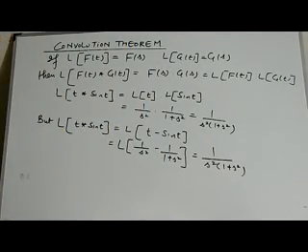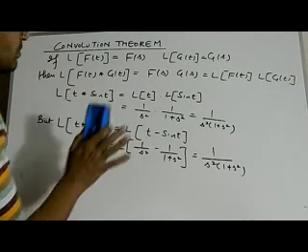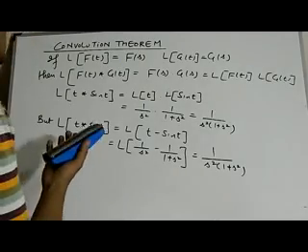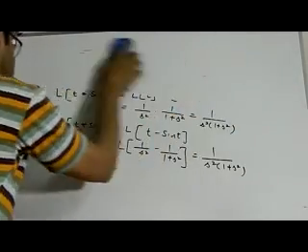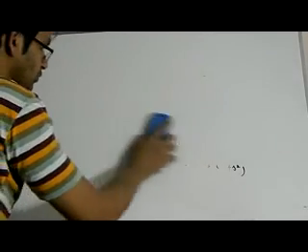Okay, now the proof of the theorem is also really significant from the exam point of view. So now let us understand the proof of the theorem. I'm erasing this because I have little space, so I have to optimize my space as well. So now let us understand the proof of the convolution theorem.